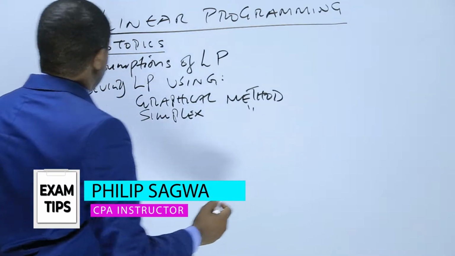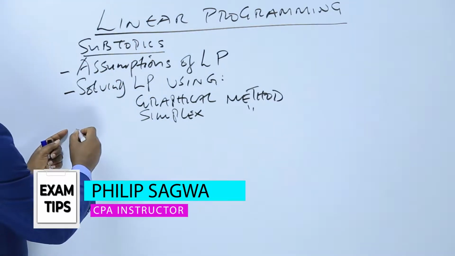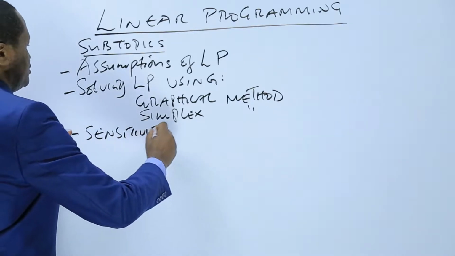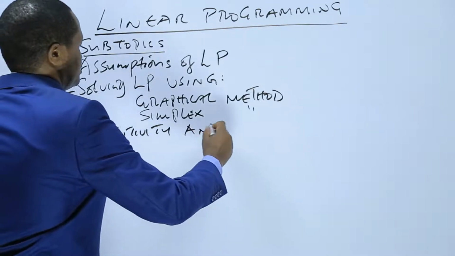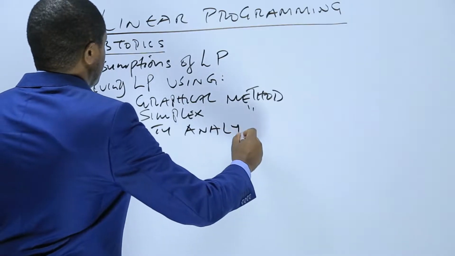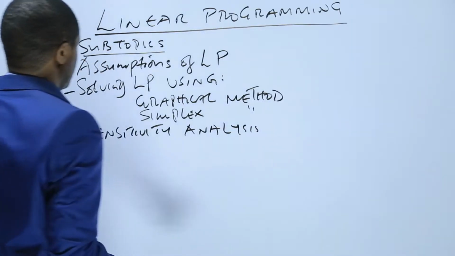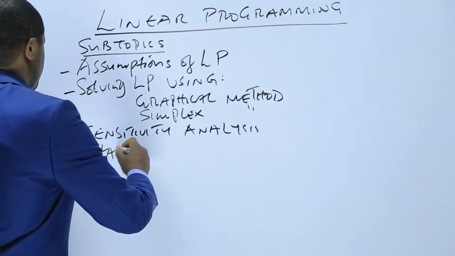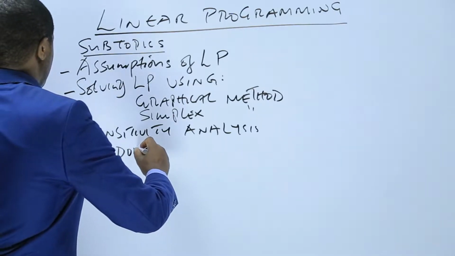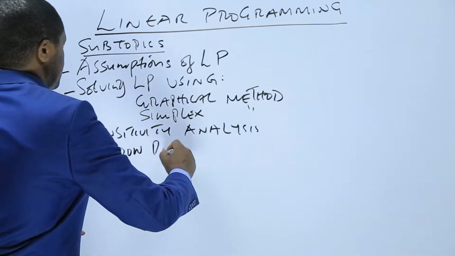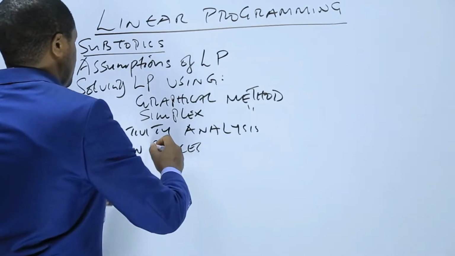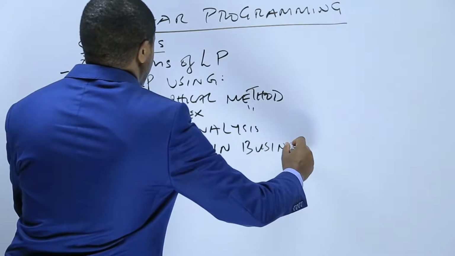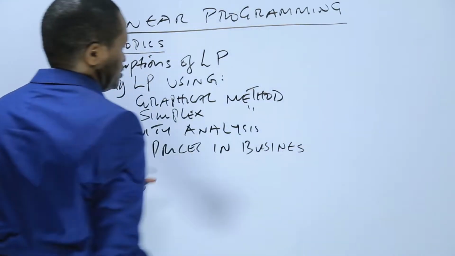The next subtopic is sensitivity analysis. Then we have shadow prices in business.